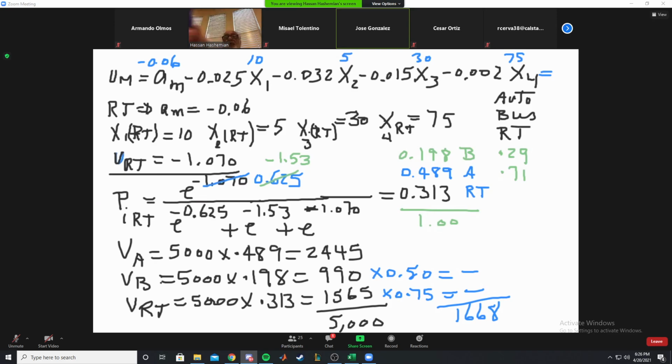Yes, this changes. Will that be given on a test? Yes. So most of the time in the problem, they give you this, and they give you all the x's and so on. All you have to do is just replace them to get your utility. And then put them into the logit model.